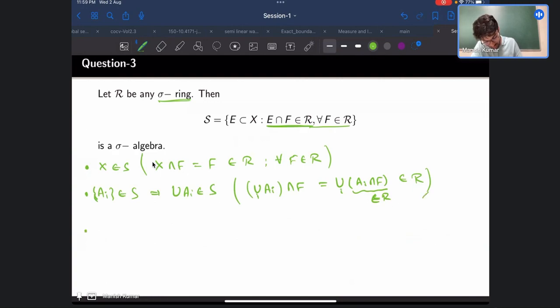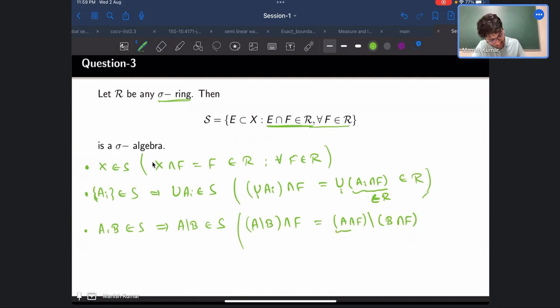Okay. The third point is that suppose A, B belong to S. You have to prove that A minus B also belongs to S. How to do that? Let us see A minus B intersecting with F. It's the same as if we intersect A with F and then subtract B intersecting with F. Now we know since A, B belong to S, this belongs to R, this belongs to R, and since R is a sigma ring, the difference belongs to R. So this is also there.